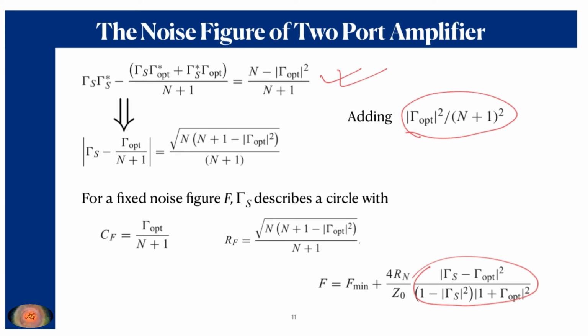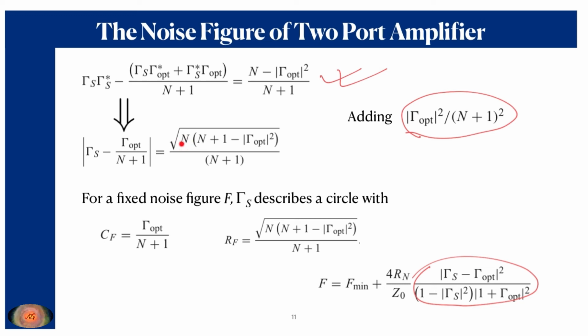N has an expression that is mod of gamma s minus gamma optimum square divided by 1 minus mod of gamma s square. So this was the expression for this n. In order to minimize this term, you have to minimize this n.